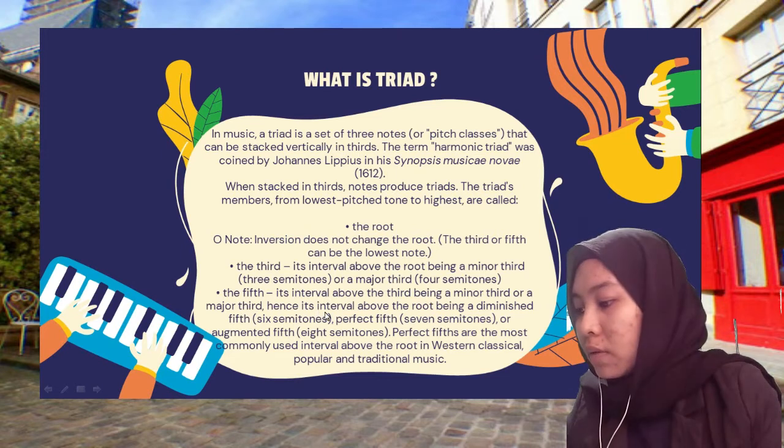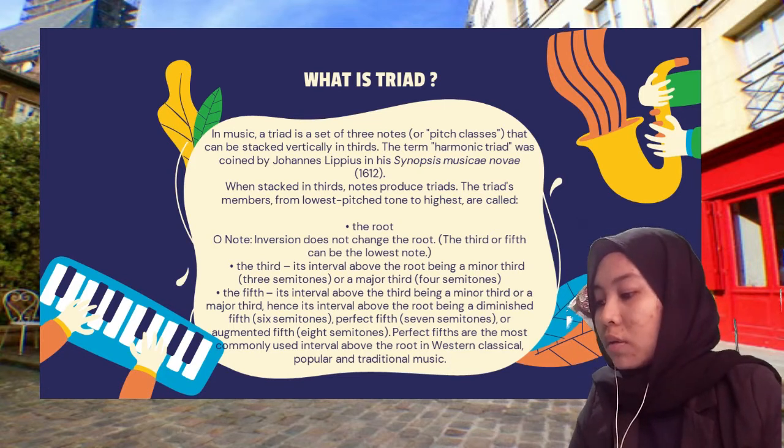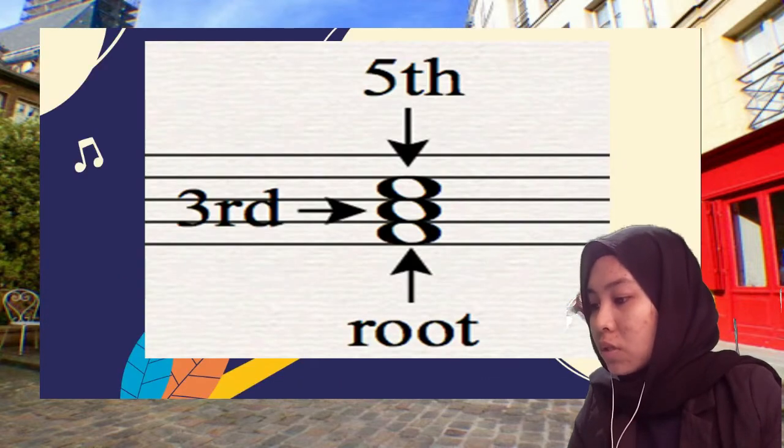Hence, it is the interval above the root being a diminished fifth, which is 6 semitones, a perfect fifth, which equals 7 semitones, or an augmented fifth, which equals 8 semitones. Perfect fifths are the most commonly used interval above the root in Western classical, popular, and traditional music.